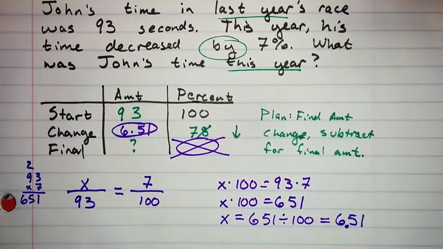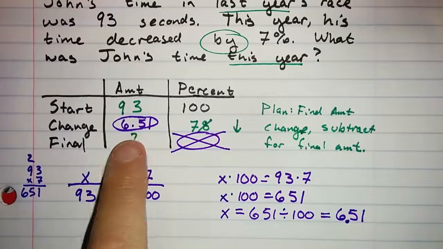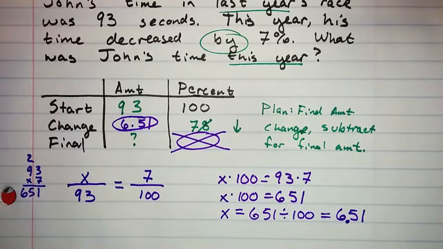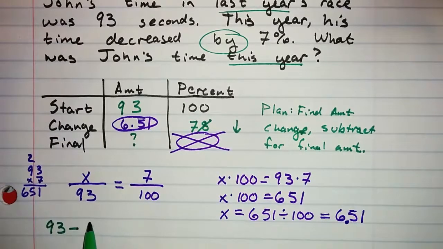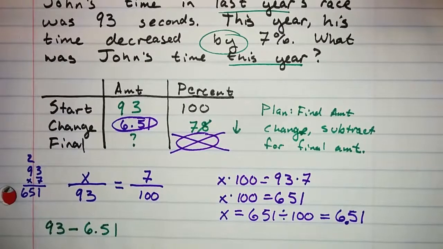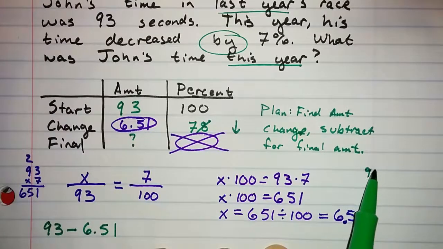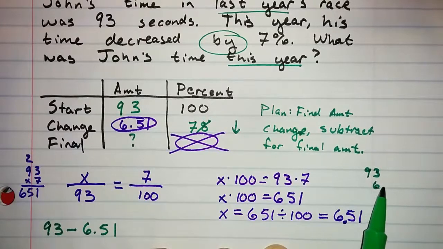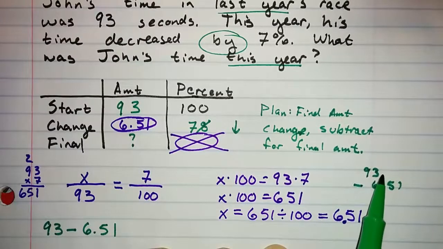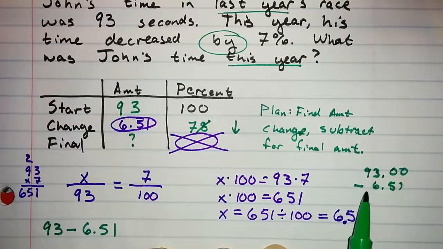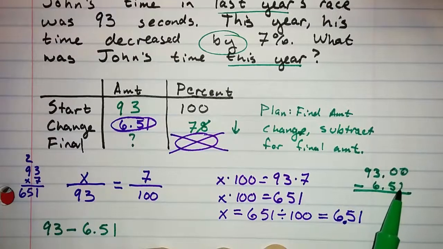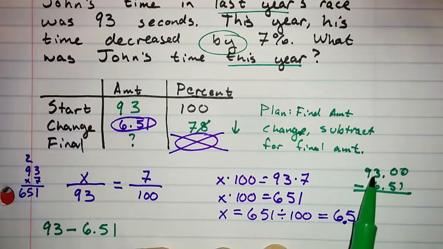My answer will be, remember this is a decrease, 93 minus 6.51. Let's write that out. 93 minus 6.51 is 93.00. 0 minus 1, can't do it, have to borrow. He hasn't got any.